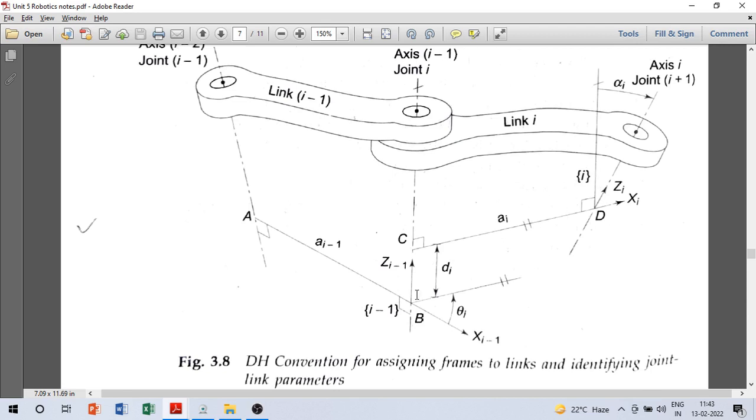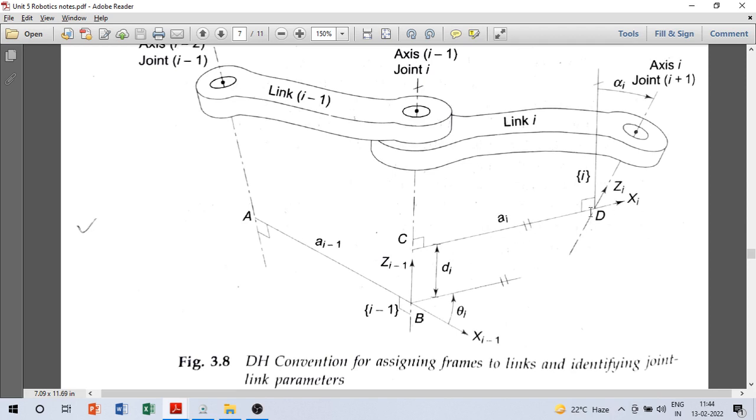Because if you see, b is the origin of frame i minus 1, d is the origin of frame i, and in going from b to d, from this frame to that frame, the origin is translated by distance di along zi minus 1, and it is translated by ai along direction xi.